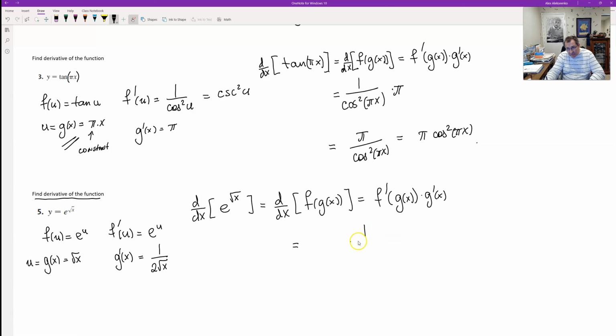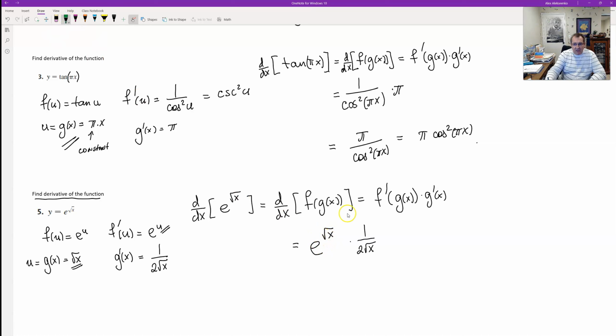We will copy it right here, 1 over 2 root x. And derivative of f evaluated on g of x is as follows. We will start with exponential raised to exponent. But instead of exponent u over here, we will make a substitution. We will substitute g of x. So f prime evaluated on g of x reads e to the square root x.